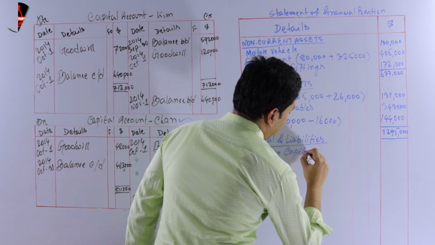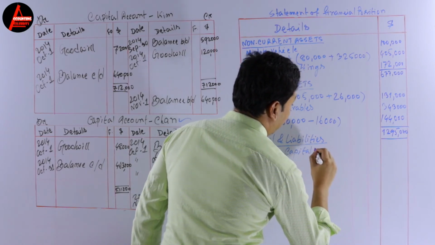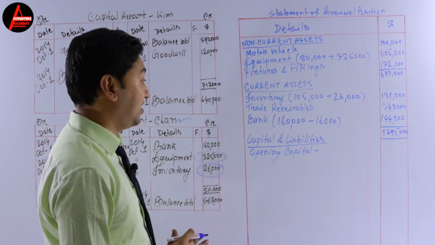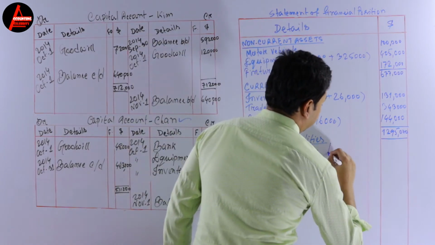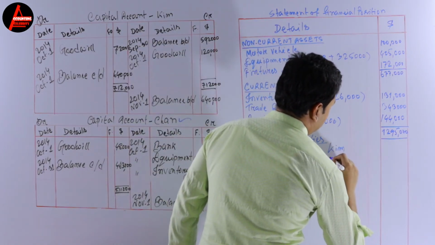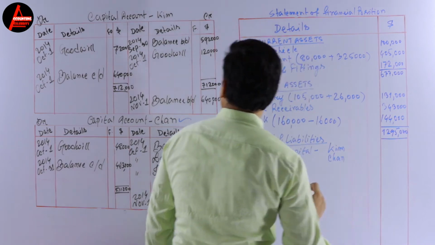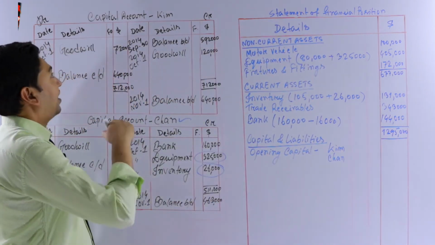Now we have two partners. First one is Kim, then Chen. So look at the capital account here.